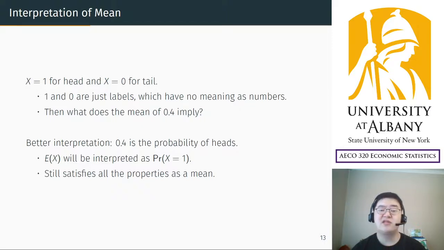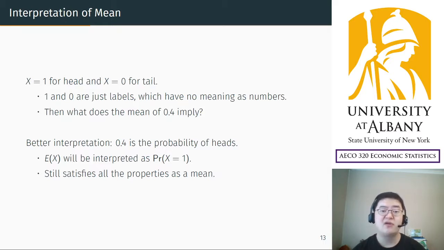When you have tail, I write it as 0, but 0 means nothing exists, and it has nothing to do with tail. So even if you change 0 and 1, there is still no difference in the analysis. You may just use different labels, so numbers have no meaning.